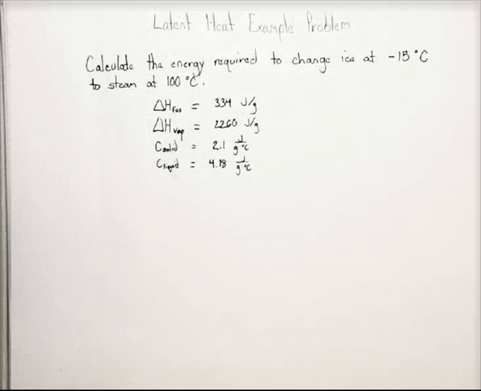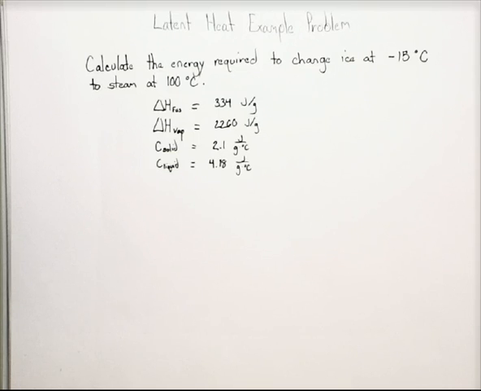What we're going to do today is look at a latent heat example problem. Think back to when we were doing specific heat problems, where we said, say we have a sample of liquid water that we're raising from a temperature of 20 degrees to 50 degrees Celsius.